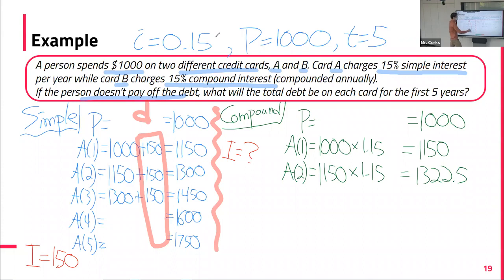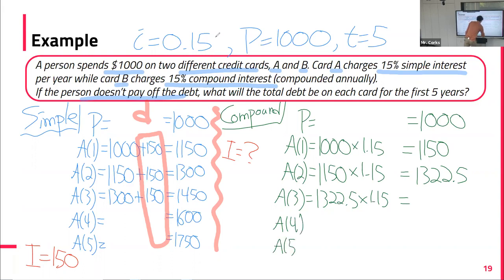Okay, so after 3 years, same thing, 1,322.5 times 1.15. All right, we need the next number and a 5.